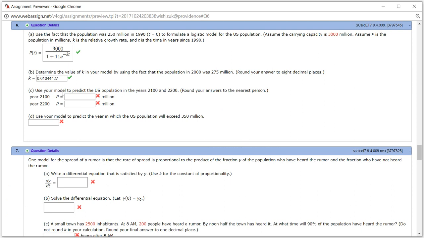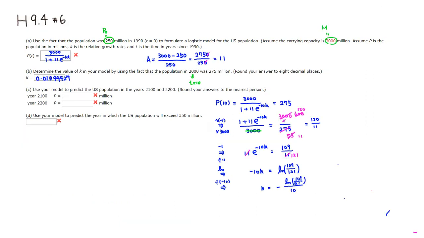All right, then part C, we want to predict the population in year 2100 and 2200. So let's do that. Year 2100 would be t equals 110.